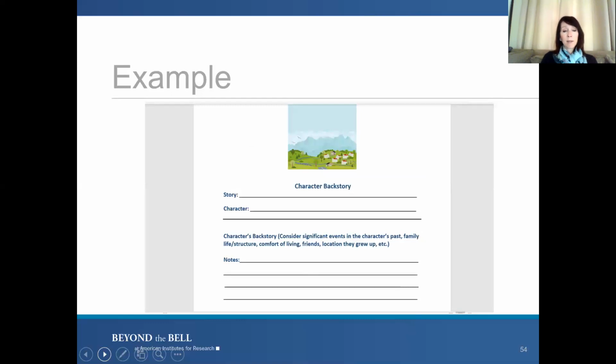Then the next template I provided for you is the character backstory, which provides a space for the story title and the character. And then I have some prompts for the character's backstory to consider the significant events in the character's past, family life or structure, their comfort or discomfort of living, the location they grew up in, etc. So many authors include backstories of their characters.